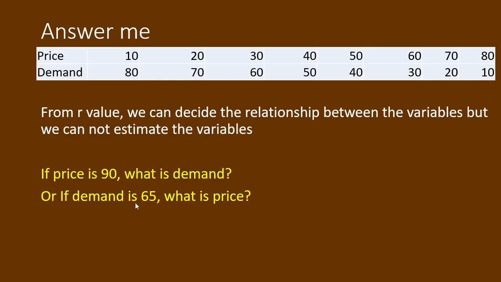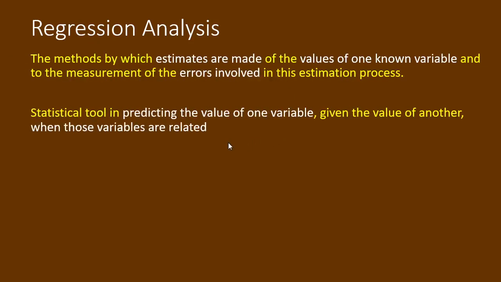Again here, demand is the known variable, 65, and we are estimating the values for price, so price is the unknown variable. From one known variable, we estimate the values of another unknown variable, using a technique called regression analysis.